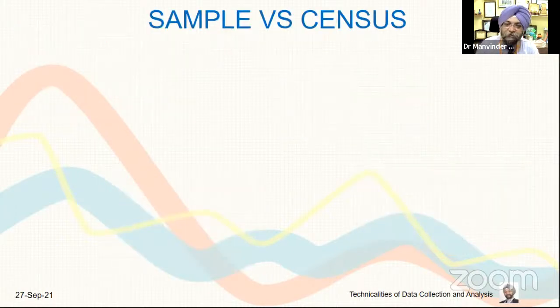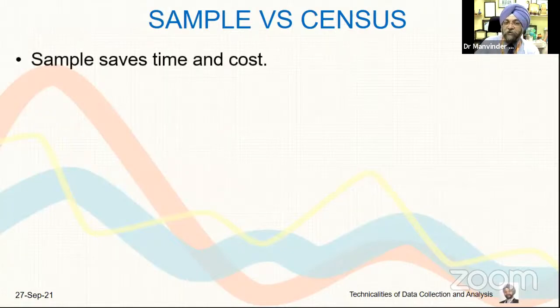Now, census versus sample. Why should we use a sample as compared to the census? As Pallaviji has just told us, a sample saves time and cost, right? In a research study, we are generally interested in studying the characteristics of a population.